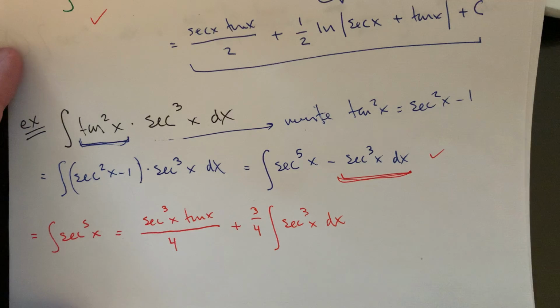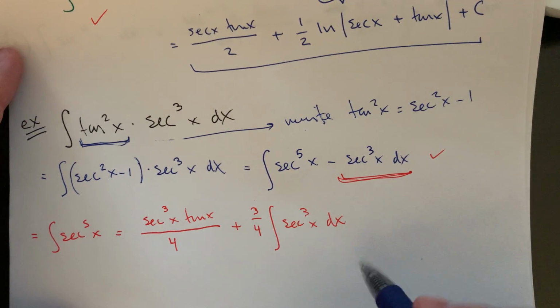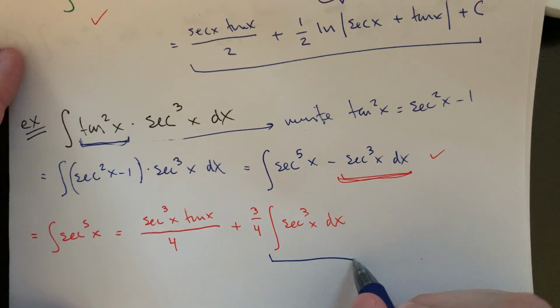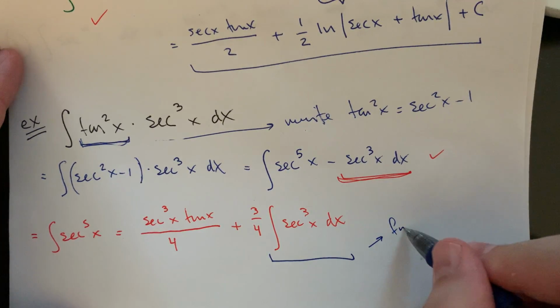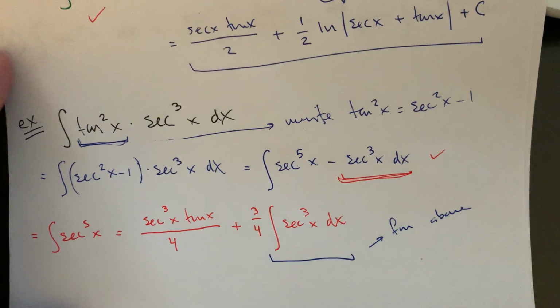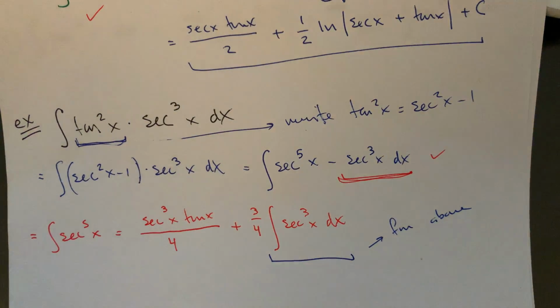And then in theory, that's secant to the 5. For this, you would just use the same thing that we did again from above.